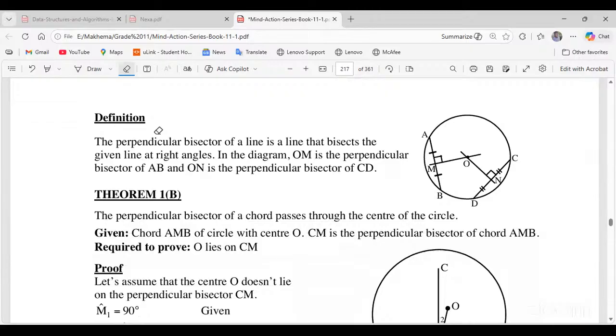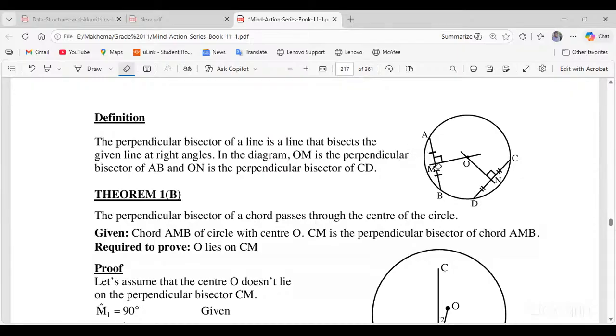We are having the definition here that they're saying. The perpendicular bisector. What is the bisector? It's something that cuts something into two equal parts. So the perpendicular bisector of a line is a line that bisects the given line at the right angles. In the diagram, OM is perpendicular bisector of AB.